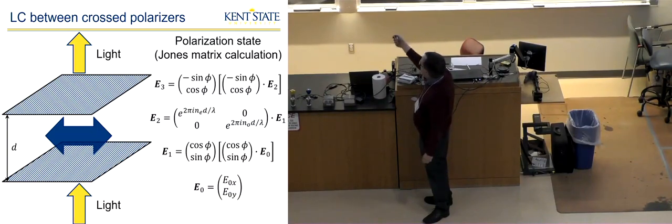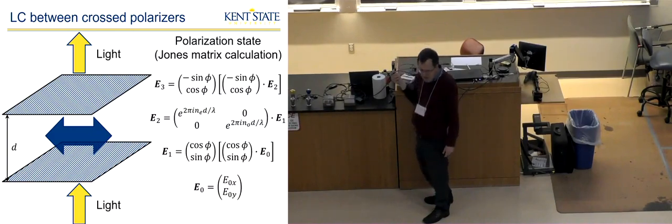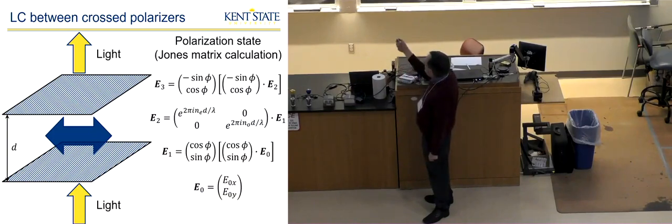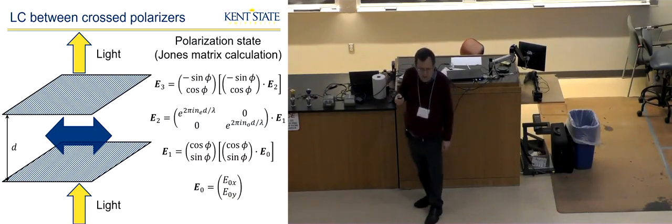Well, the phase of the light advances as it passes through this medium, and the phase advances by an amount which is the index of refraction times the distance d divided by the wavelength of the light.